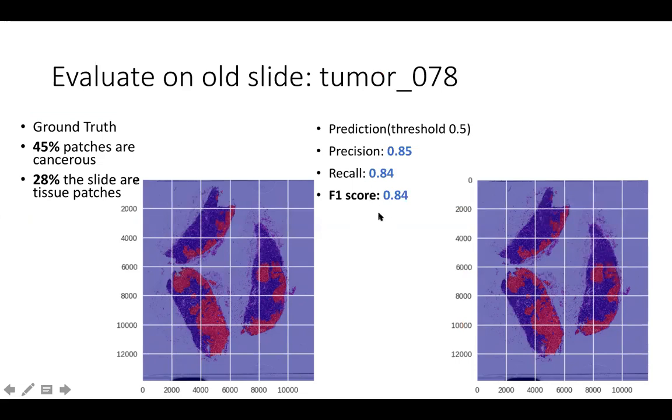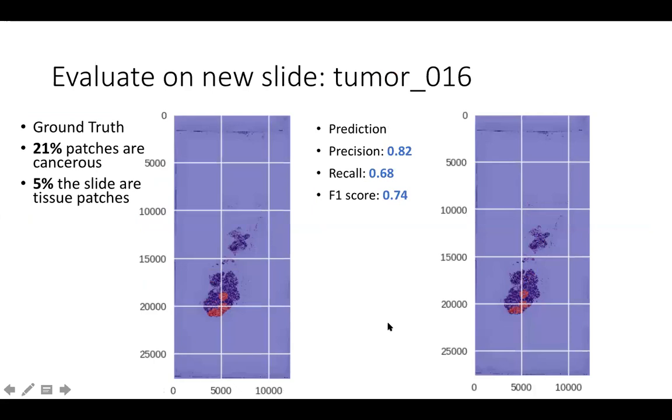If the model's predicted probability is over 0.5, the patch will be considered a tumor patch. Otherwise, this patch is tumor-free. For that, the model achieves a precision of 0.85 and a recall of 0.84. The F1 score is 0.84. I also overlay the predicted results over the true tumor imaging slide. And here's a visualization.